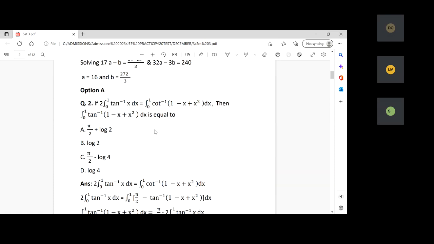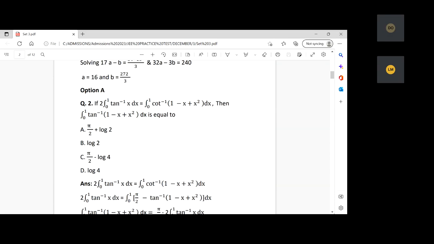This is what you should think: how you can manipulate what is given in the question in such a way that you'll be able to get to the answer.